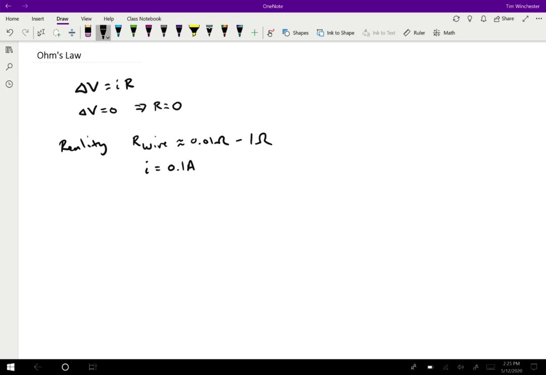So if I use Ohm's law, delta V equals IR, and I have, let's say, 0.1 amps, just to pick a number, and 0.1 ohms for some ordinary wire, then what is the potential difference across the wire? Well, if you just calculate that out, you get 0.01 volts.